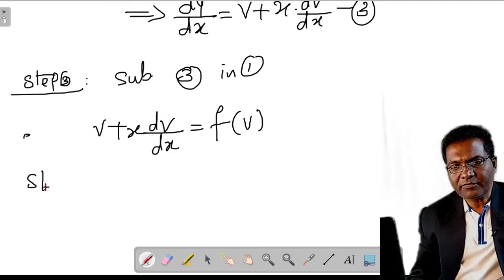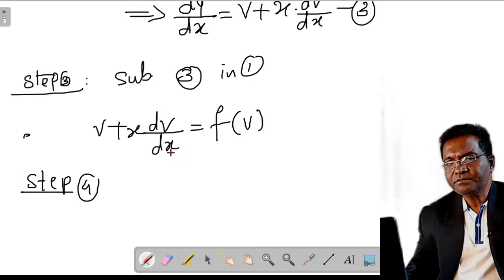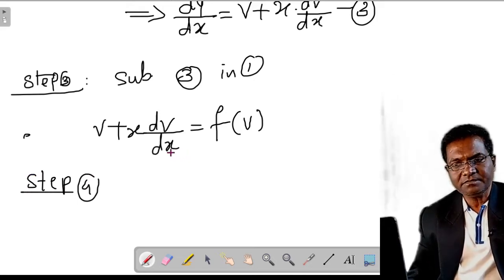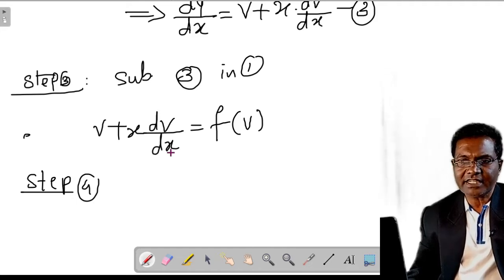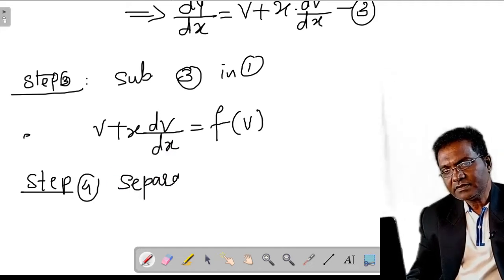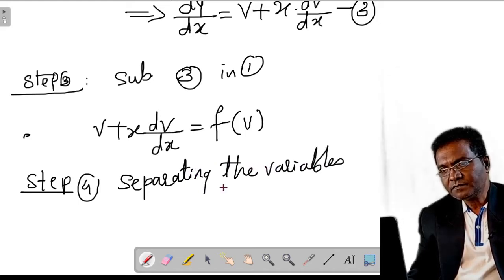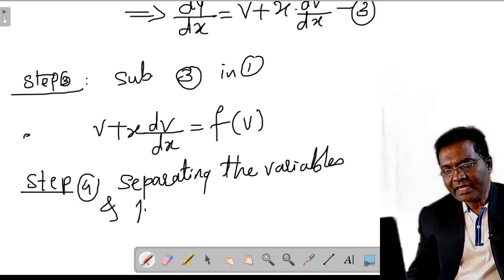Now step 4 is separate the variables. You need to separate the v and x terms and integrate, and you will get the general solution. Separating the variables and integrating.